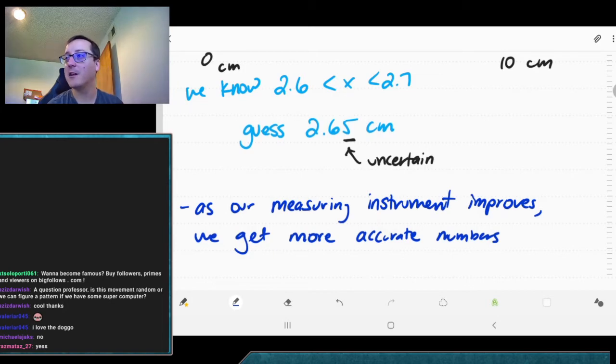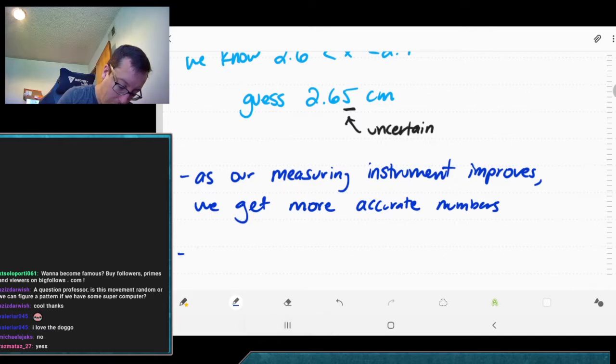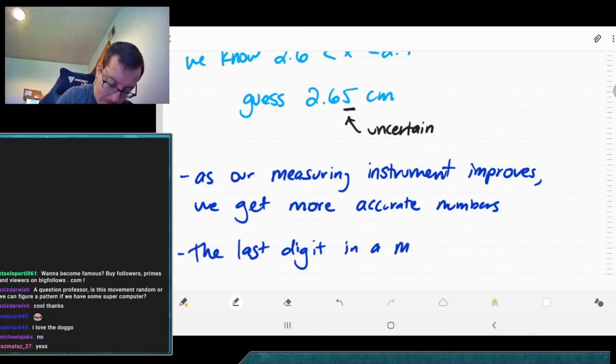And by accurate here, I just mean we're able to get it closer and closer to reality, right? So we were able to get it closer and closer to what it might be exactly, as we're getting a better and better ruler here. The last digit is uncertain.